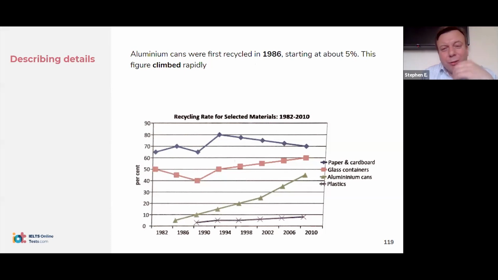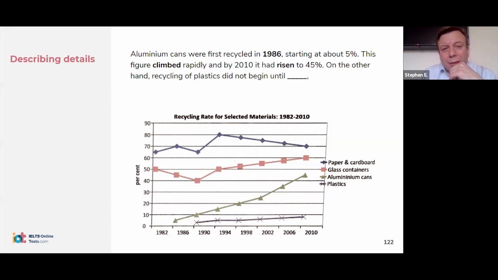So there's a number of different ways you could describe it. And by 2010, it had risen, yeah, good.